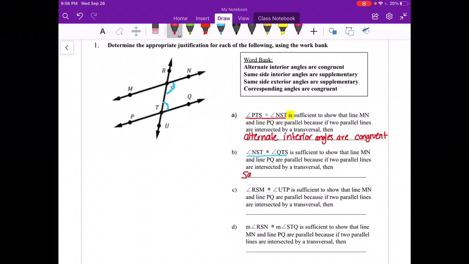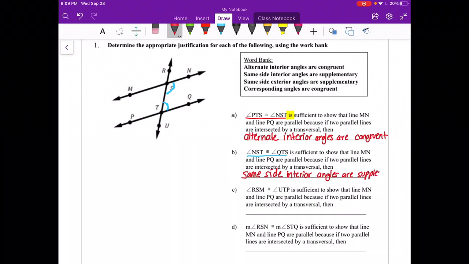So we're going to fill in this blank by saying same side interior angles are supplementary. And like I said in the previous problem, since these are two interior angles, that means they have to be in between a set of parallel lines. Therefore, these two angles are sufficient to show that they're parallel.